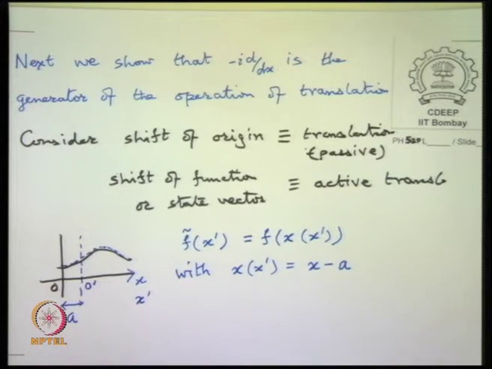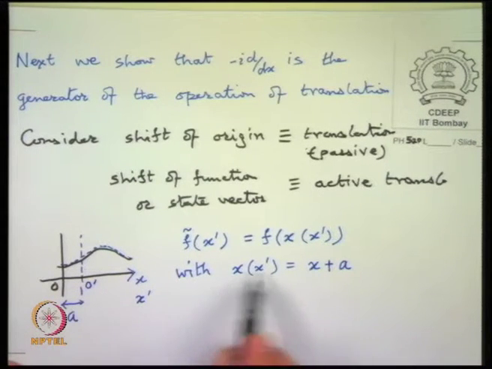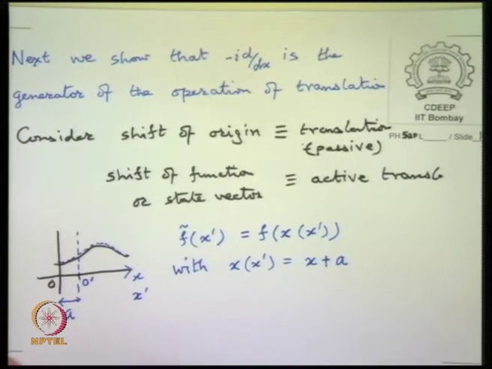So when x prime is 0, I should get x equal to plus a. Correct. We can see it here. The x to x prime transformation is such that when the value of x prime is 0, the value of the x coordinate is a. So this is the transformation.